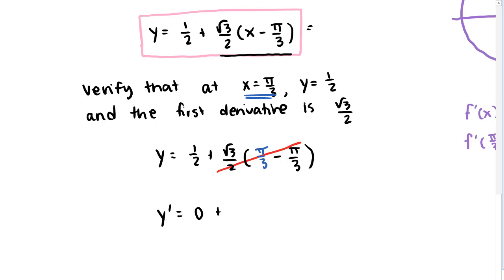So this comes out to be 1/2 plus the square root of 3 over 2 times x minus the square root of 3 over 2 times pi over 3. And here, this is just a constant term, and so we're just left with the derivative of the square root of 3 over 2 times x. We really are just left with the square root of 3 over 2 as our derivative. And so if we plug in pi over 3 into this derivative function, we're just going to get back the square root of 3 over 2.